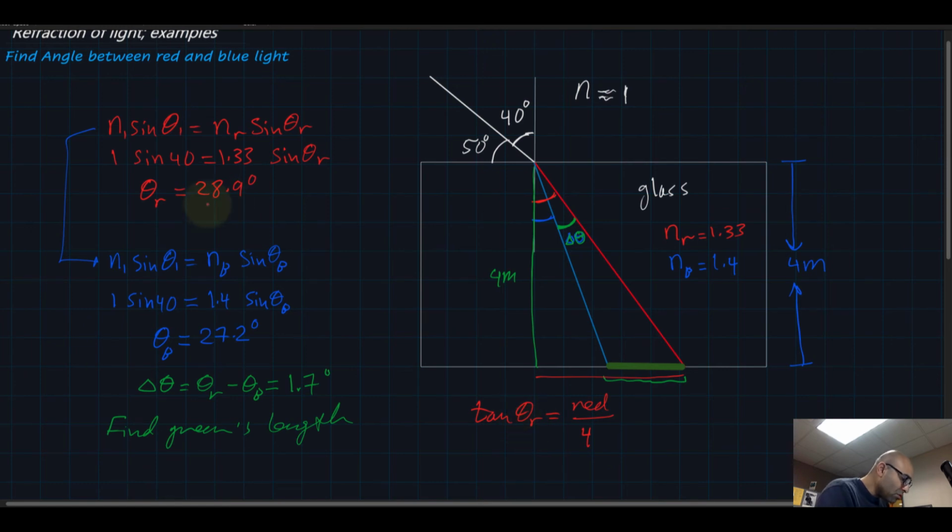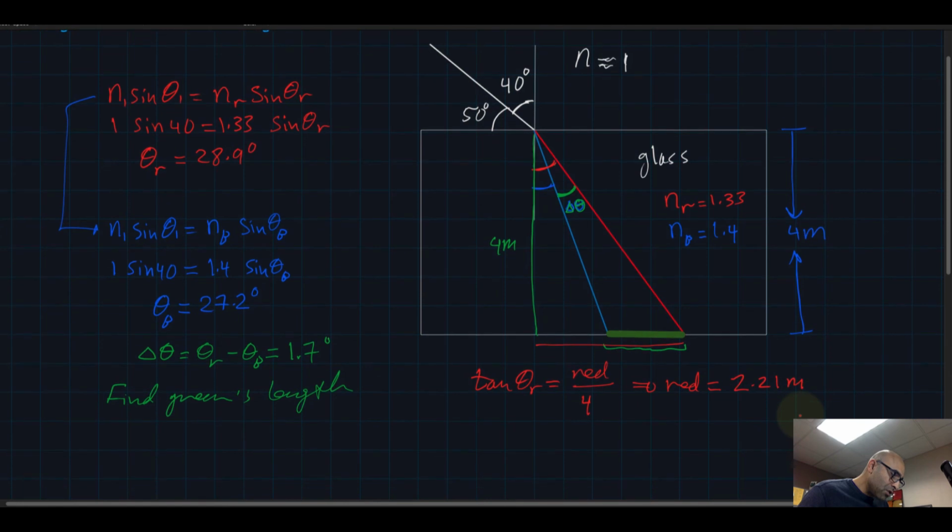It's 28.9. Plug that here, so find the value of tan 28.9, multiply it by 4, then you will get the red distance, or the red length is equal to 2.21 meters.